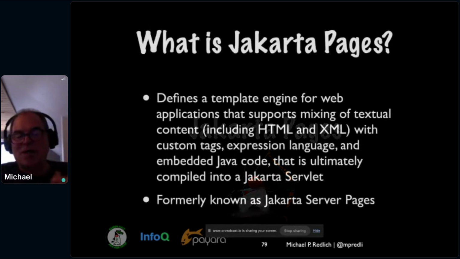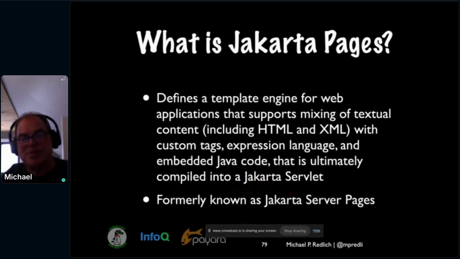Jakarta Pages, formerly known as Jakarta Server Pages. And this is, if you've used this in the past, that's the JSP extension that you would use in your browser. It defines a template engine for web applications that supports mixing of textual content with custom tags, expression language, and embedded Java code. That is ultimately used in a Jakarta server.